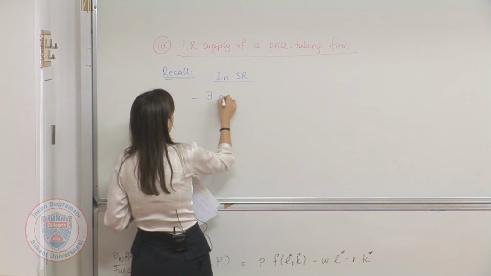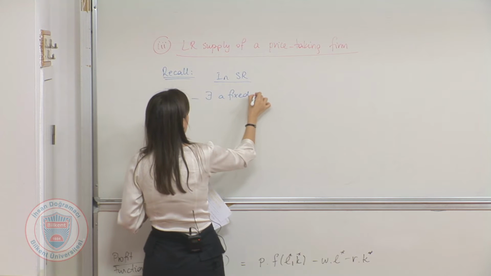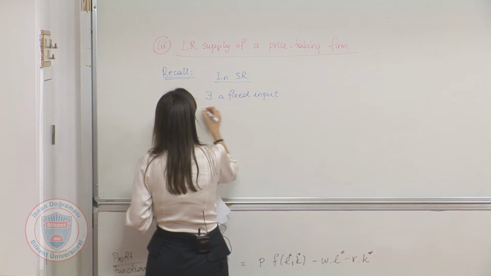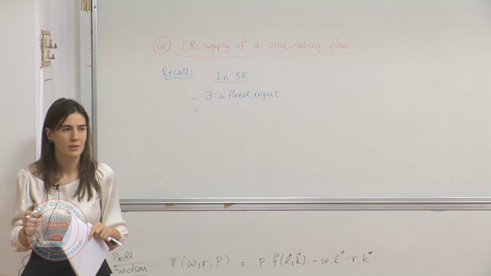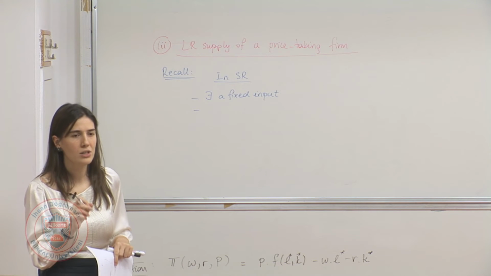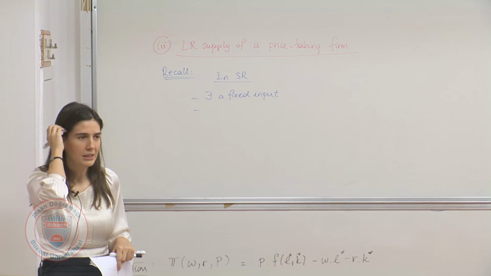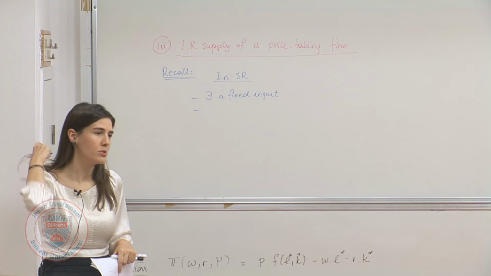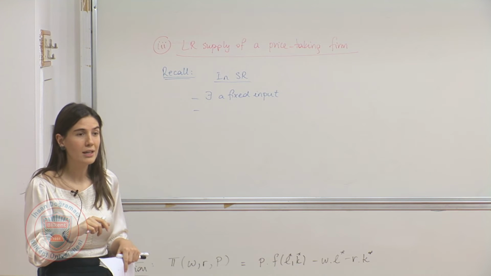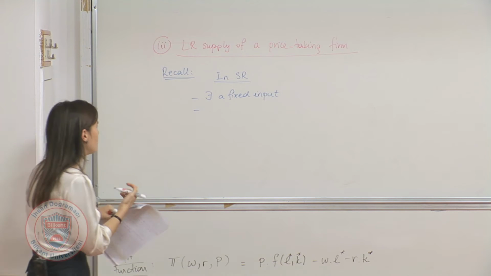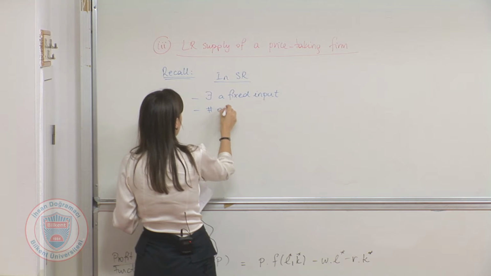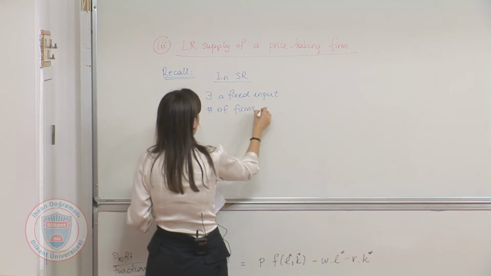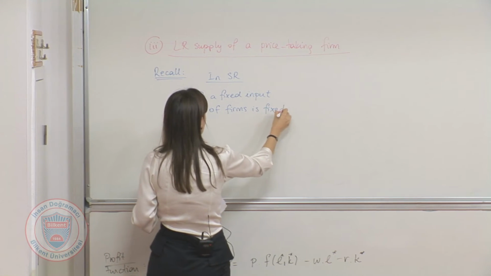So there exists a fixed input, okay? And what else? What did we say about the number of firms in the short run? Do you remember? It was also fixed, right? It wasn't changing. So there was a fixed input, and then we said that the number of firms is fixed, okay?